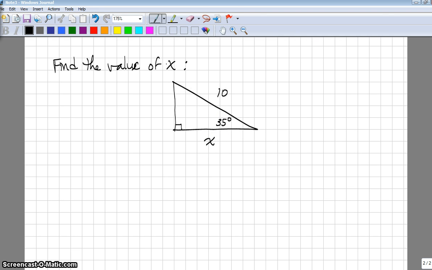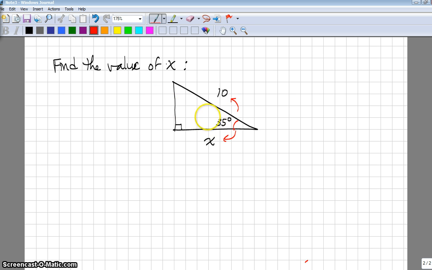We can use trig ratios to find the missing side, because if I'm looking from the 35-degree angle, I'm looking for that side, so I know I'm looking for the adjacent side, and I'm given the hypotenuse.